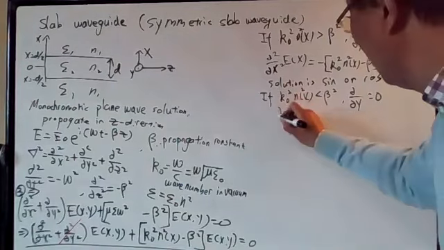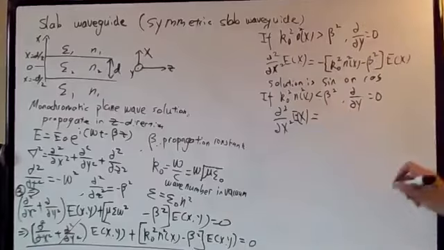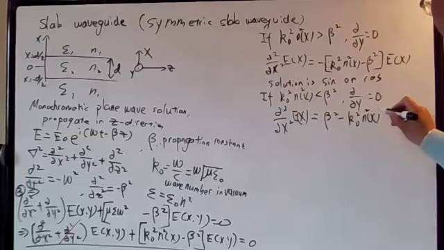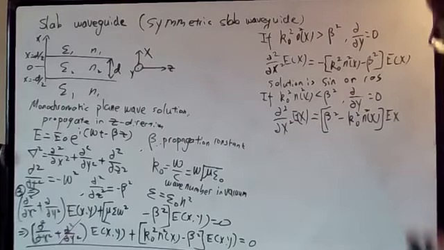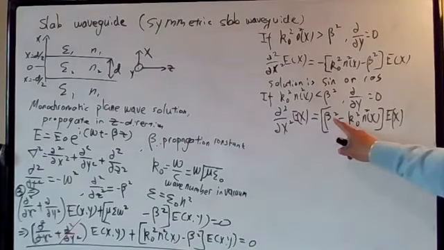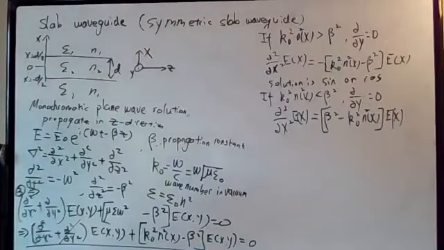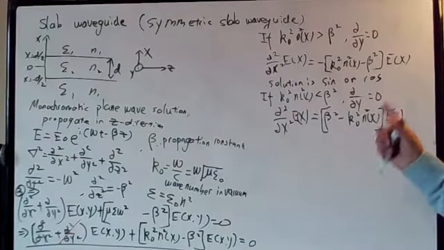What we have is the second partial of X in x equals beta square minus k naught square nx square times X. Now we move to the right-hand side, and this becomes positive.